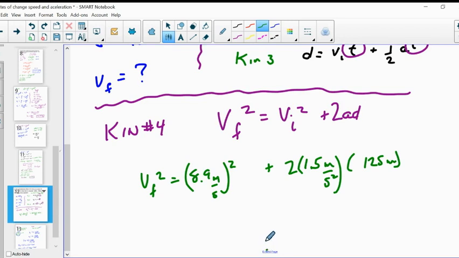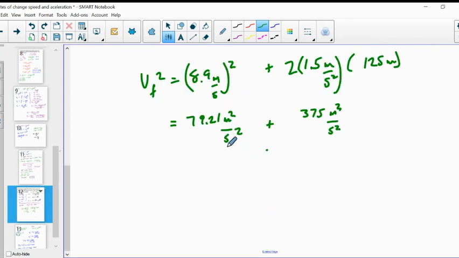So when we square our 8.9 meters per second, we end up with 79.21 meters squared per second squared. Add to that 2 times 1.5, that's like saying 3. 3 times 125 is 375. Once again, we have meters times meters, which is meters squared over seconds squared. And you'll notice that my units work out very nicely.